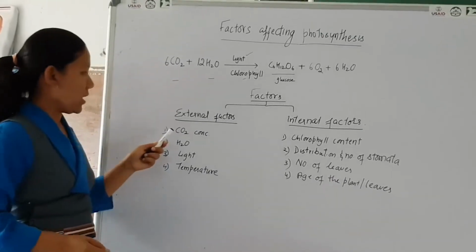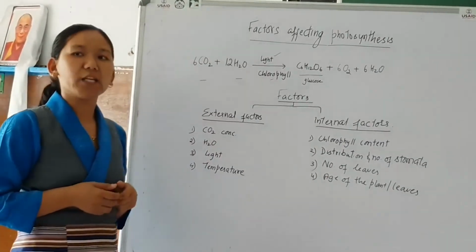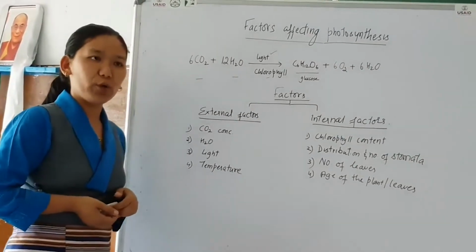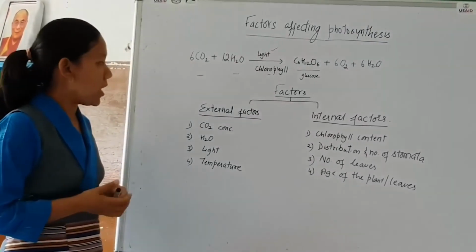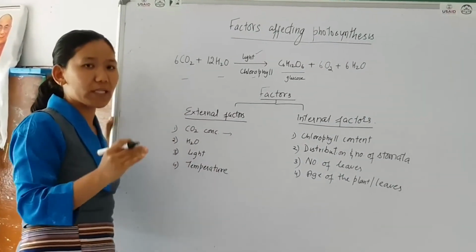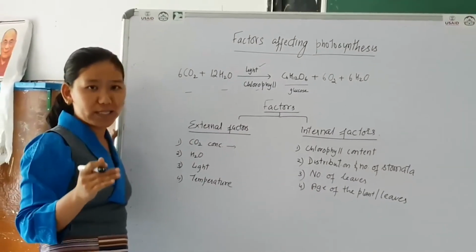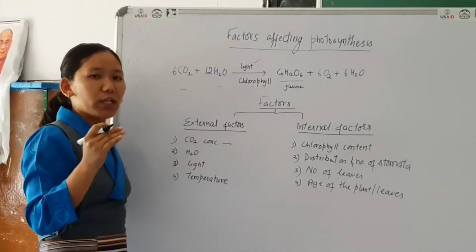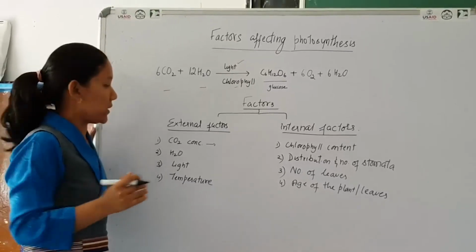Okay, so the first one is carbon dioxide concentration. So we know that carbon dioxide is one of the main raw materials during photosynthesis, and the amount of carbon dioxide present in the atmosphere is only 0.23%, which is very less. Now, if you increase the concentration of carbon dioxide slightly, it will increase the rate of photosynthesis. But too much increase of carbon dioxide will lead to toxicity. Again, it will bring down or slow down the rate of photosynthesis.